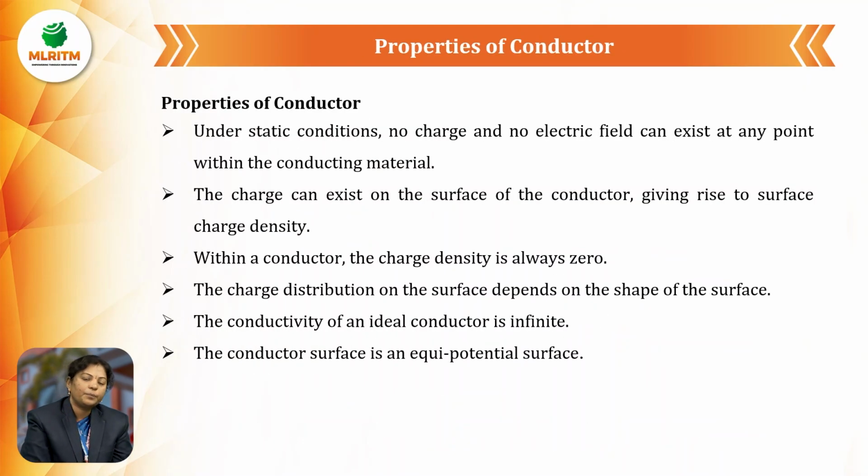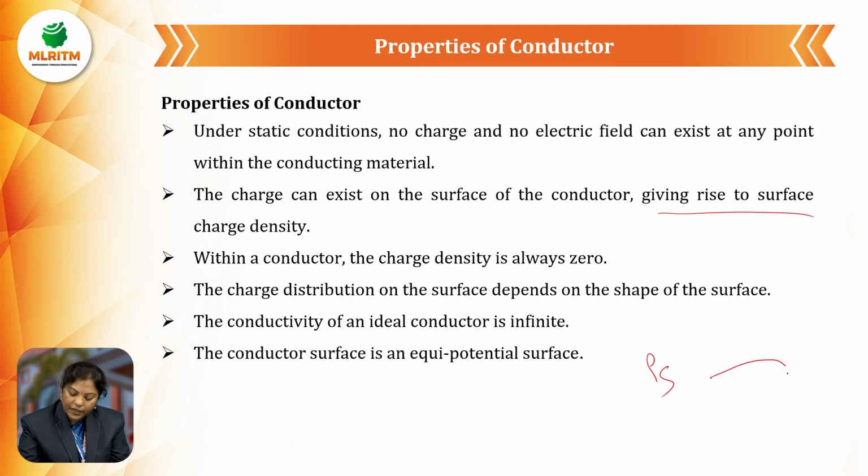Next we'll see the properties of a conductor. First property: under static conditions, no charge and no electric field can exist at any point within a conducting material. Next, the charge can exist only on the surface of the conductor, which gives rise to surface charge density, that is rho S. Within the conductor, the charge density is always zero.